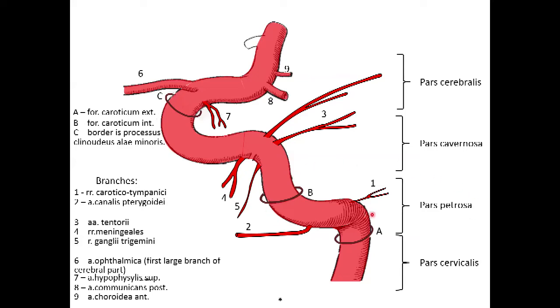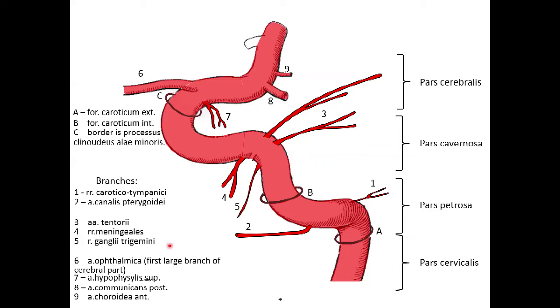Pars petrosa has 2 vessels, rami caroticotympanici and arteria canalis pterygoidei. Third, pars cavernosa has vessels especially for meninges and the trigeminal ganglion.